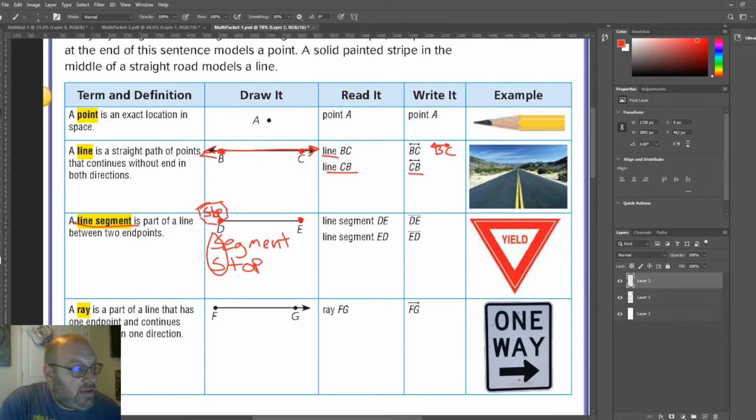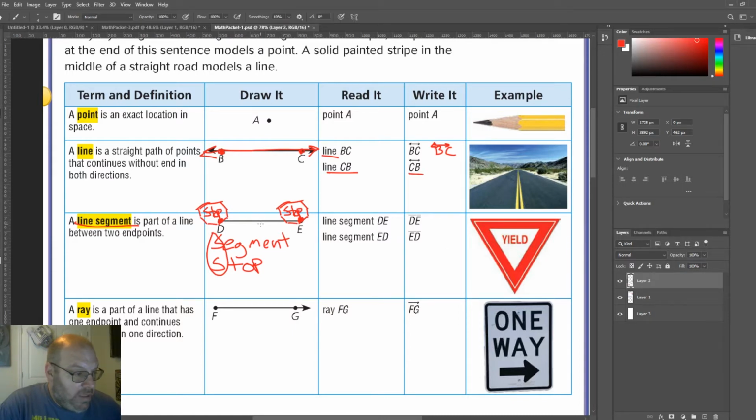That's awful, but the segment stops here. And the segment also stops here. So we've got 2 points that stop. Okay? Segment, stop.